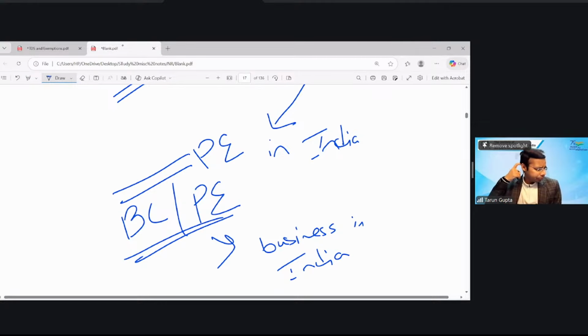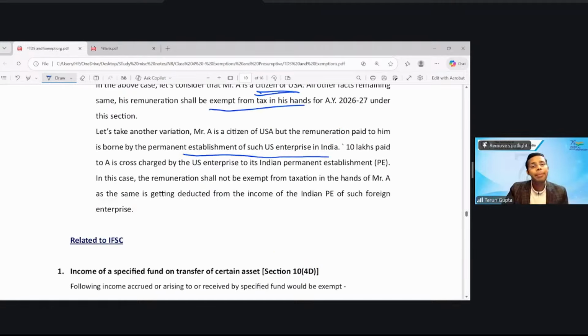Similarly, like there's a concept of business connection under the Act, there's a similar concept of PE, permanent establishment, under the treaty. So if you constitute a PE in India, then you are doing business in India. And once you are doing business in India, then the exemption is not available because there are four conditions. One, you should not be a citizen of India.